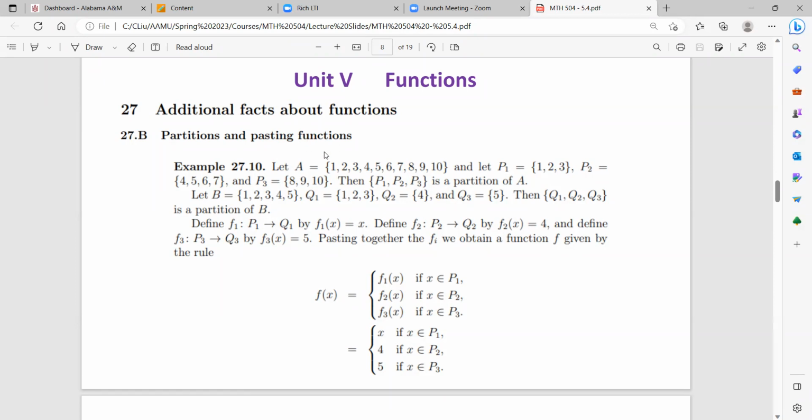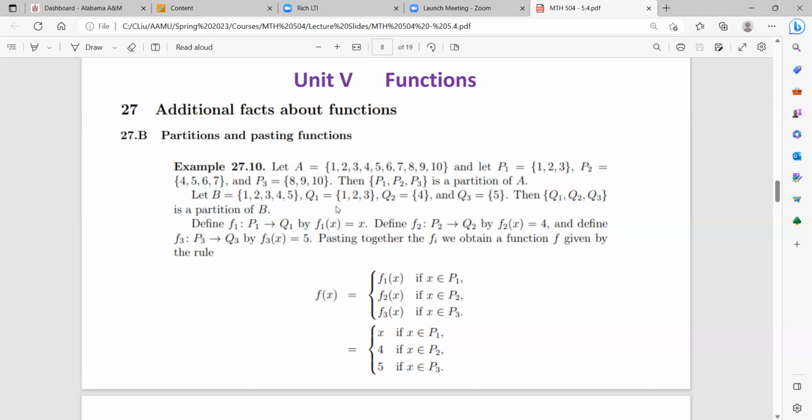It's just like pasting different pieces together to make one function from a bunch of functions on different domains and codomains. So in this example, we have set A with 10 numbers, and we can partition it into 3 subsets, P1, P2, P3, and then we have another set B with 5 numbers, and we can also partition set B into 3 subsets, Q1, Q2, Q3.